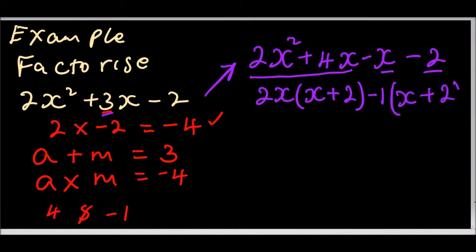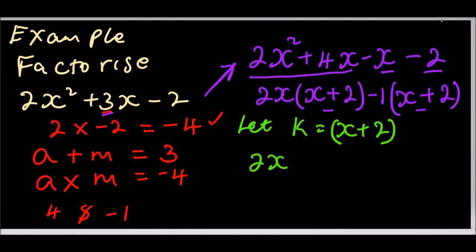Always note that you ensure that what is left inside the bracket is the same. Then from there, to make you understand better, let k be equal to x plus 2. So we can replace here 2x multiplied by k, and we have minus 1k.